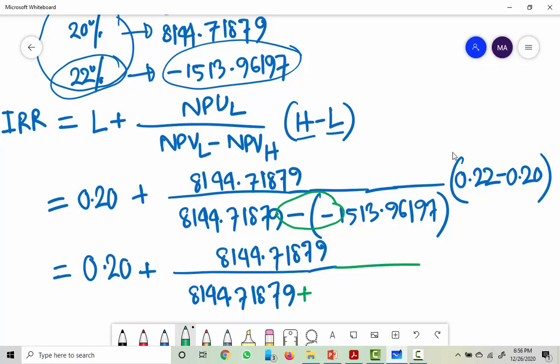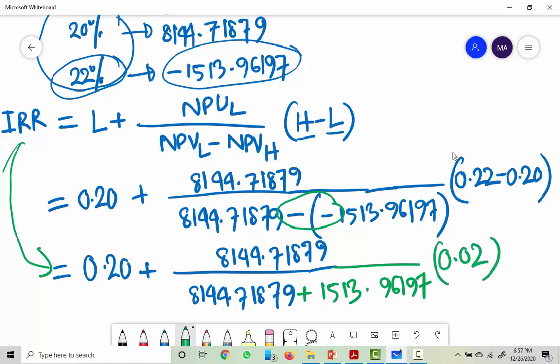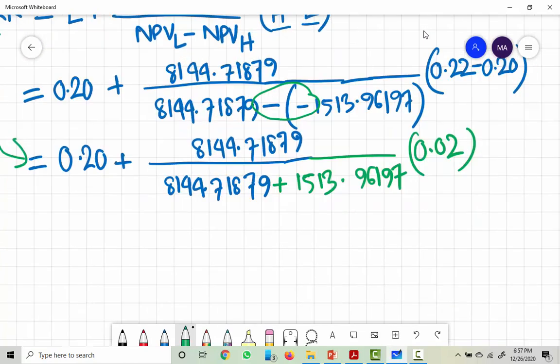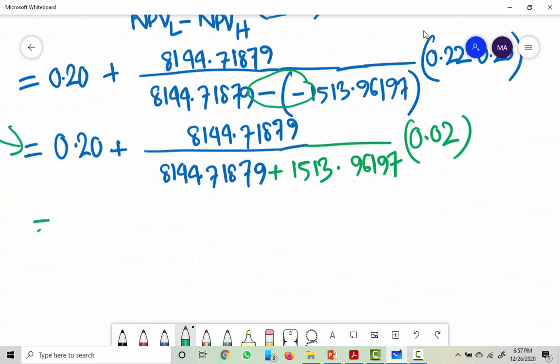So you can just directly jump to here: 1513.96197, and here 22% minus 20%, that is 2%, that is 0.02. Right. So now if you calculate it, you should get the value somewhere in between 20 and 22%. Right. So let us calculate this one.